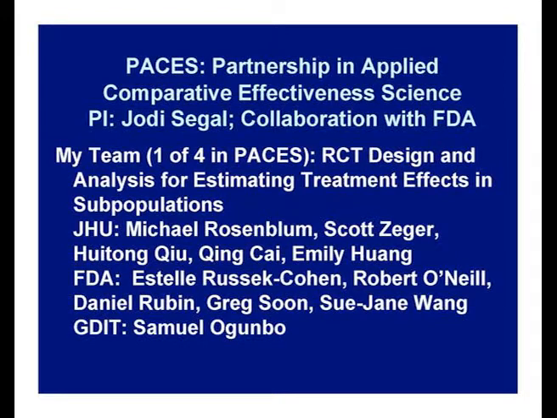And at the FDA, there were some brilliant statisticians, Estelle Russek-Cohen, Bob O'Neill, Dan Rubin, Greg Soon, and Sue-Jane Wang. We were having monthly phone calls. So I could talk to them about, would it be useful if I solved this problem? Or can you tell me some of the problems that would be most useful to solve from the FDA perspective? And they were great at giving advice and ideas.